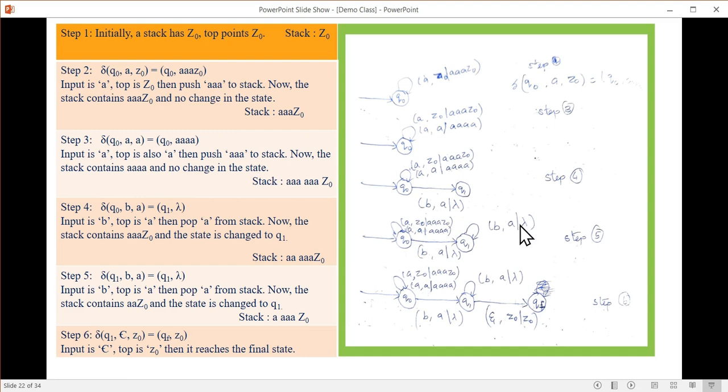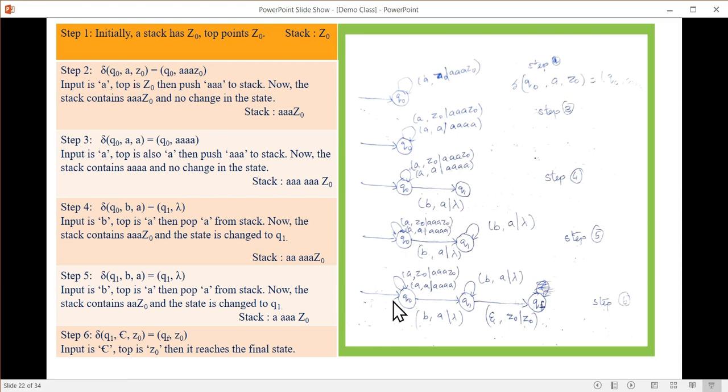After popping, what does the stack contain? Now two A's are popped from the stack, and the stack contains this value. The next one is step 6. Another transition is Q1 comma empty comma Z0, which means no more input in the string and the stack only contains the Z0 value.